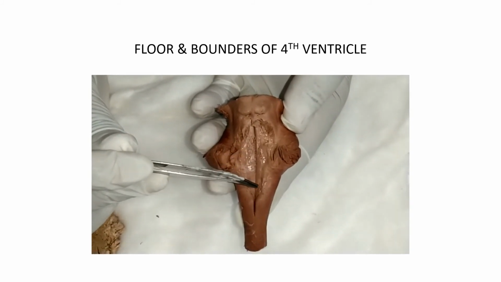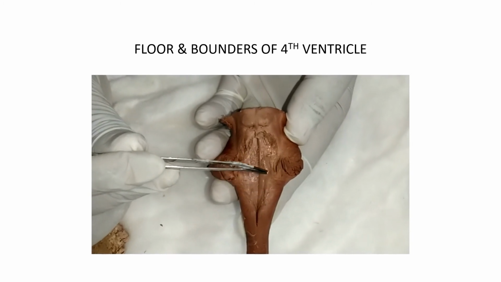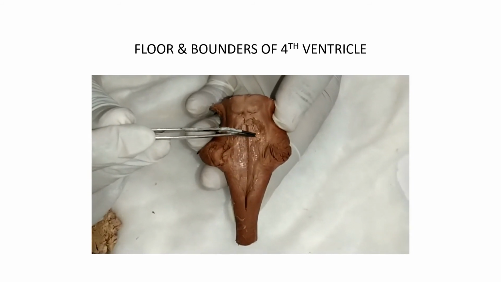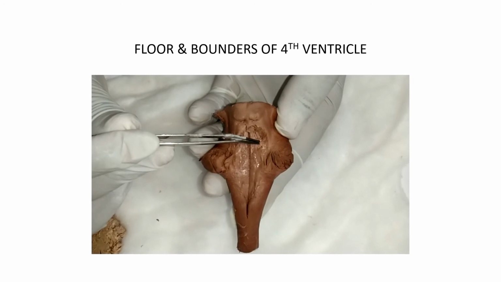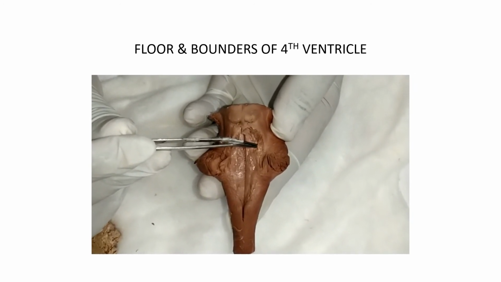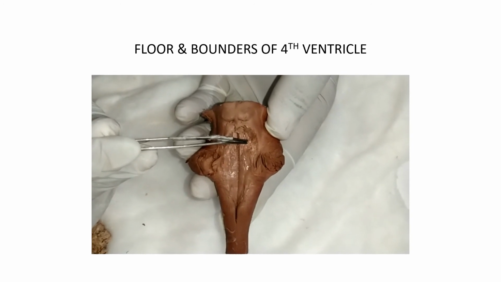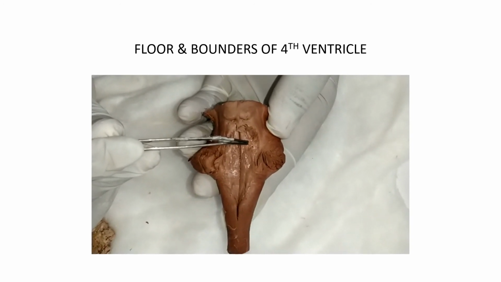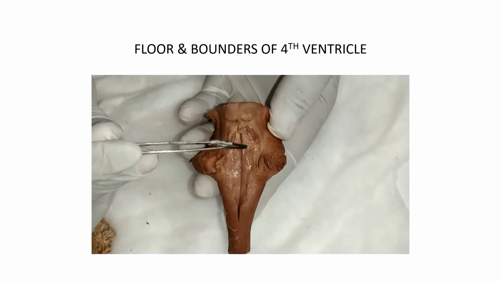Now the sulcus limitans. The upper end of the sulcus limitans is a small depressed area called the superior fovea. Above the superior fovea, the sulcus limitans is flattened out and presents a bluish grey color.